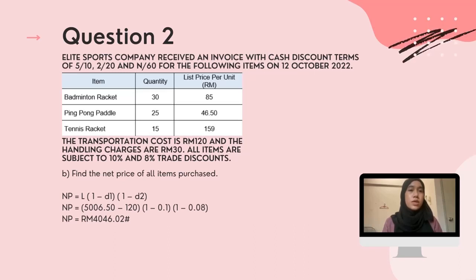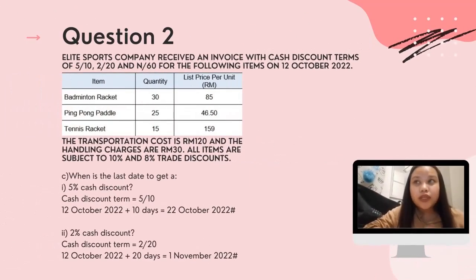After that, you just substitute the given information in the question into the formula and calculate. Then you will get the answer, net price, which is 40,046 and 2 cents.